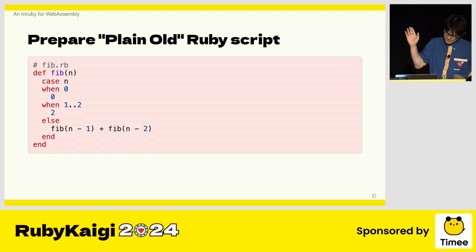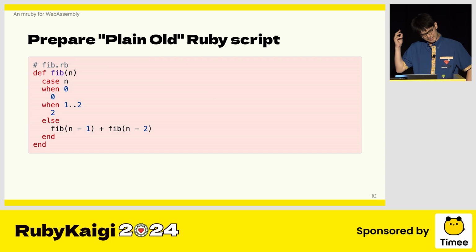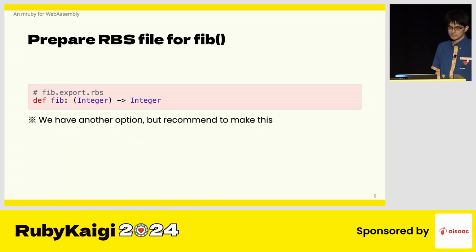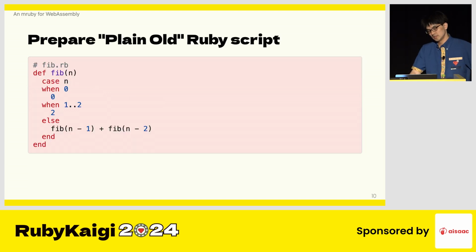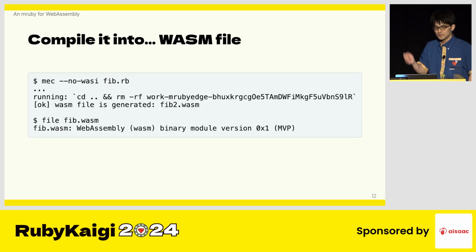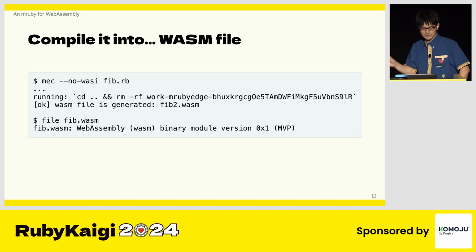Okay, can you understand? I think you can understand this plain old Ruby script that calculates Fibonacci numbers. And also you have to prepare an RBS file for this fib method, like this. If you have these two files, you can compile them into one WASM file.